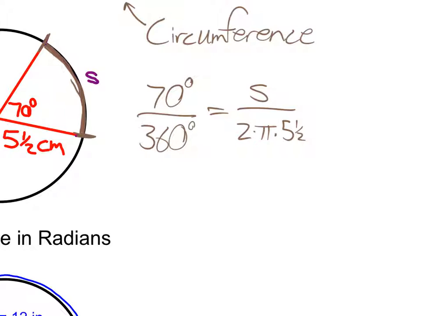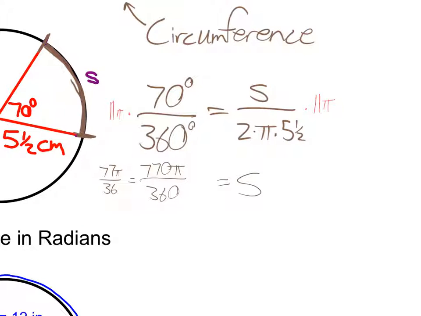So in this case, if we leave it in terms of pi, we've got 11 pi in our denominator. If I multiply both sides by 11 pi, I get the arc length equal to 770 pi over 360, which is 77 pi over 36.